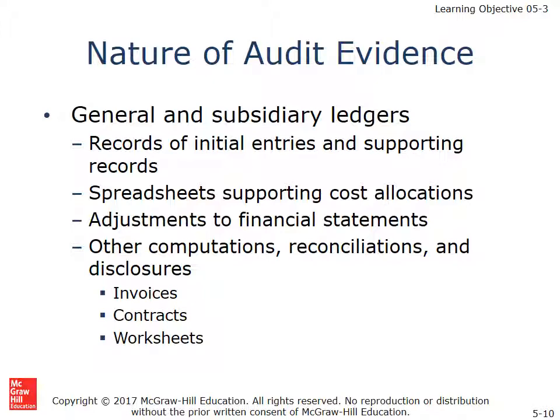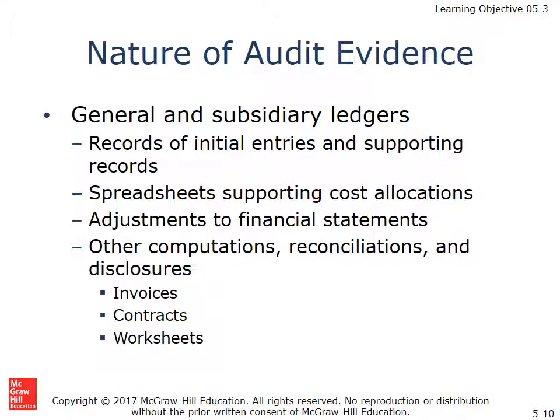We have evidence from the accounting side, accounting records themselves, and then we have other information. Some examples of evidence used from the accounting side: the general and subsidiary ledgers, because this is where you're going to see the records of the initial entries and all the supporting records.